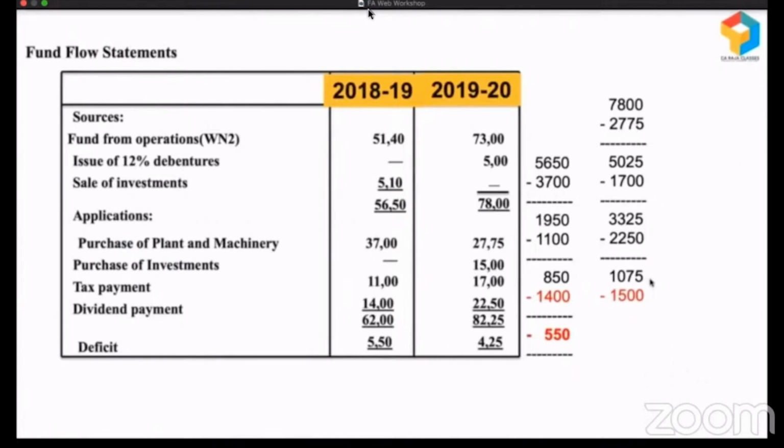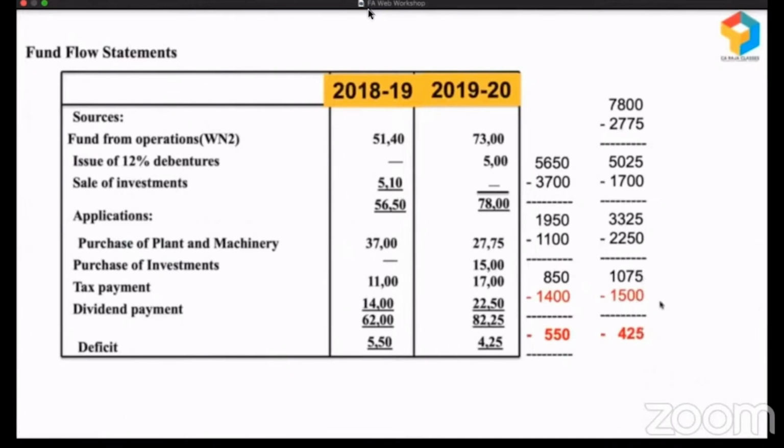They have purchased some shares or stocks of some other company. By using whose money? By using some short-term money. They have only 1,075, but how did they spend 1,500? The 1,075 plus 425 gave them 1,500. They've invested in someone else's business.